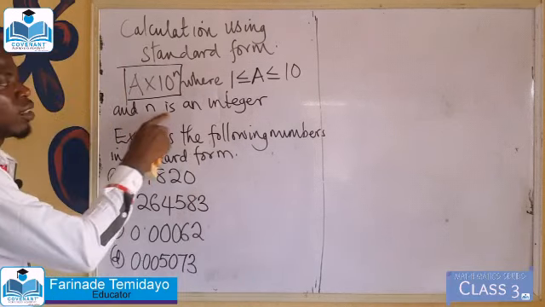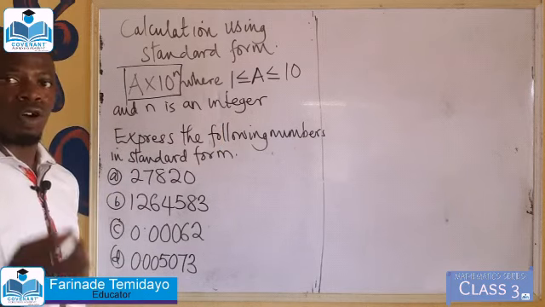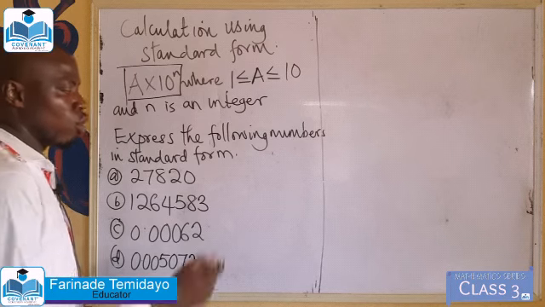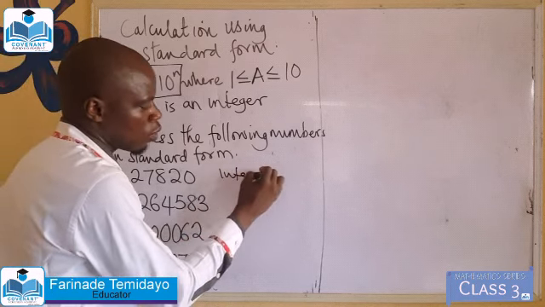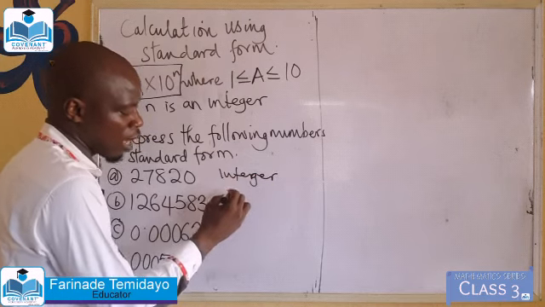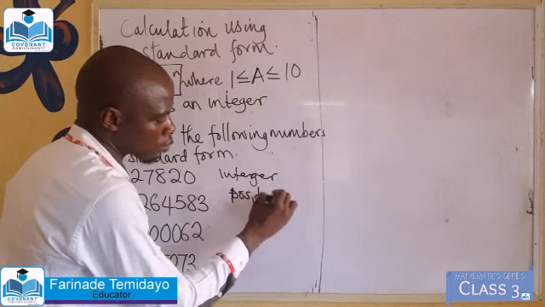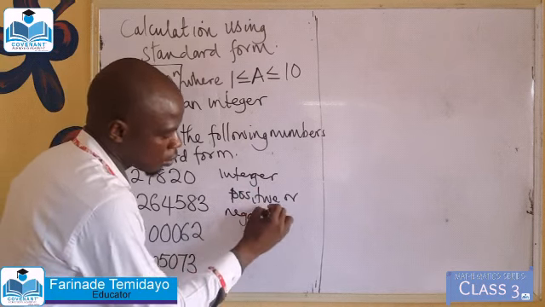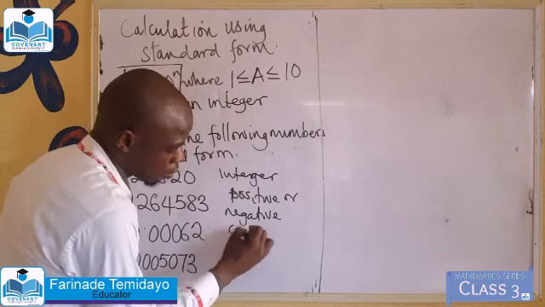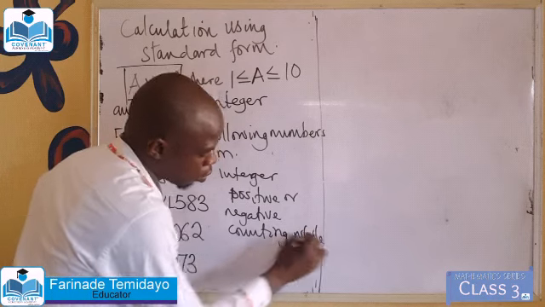And your n is an integer. What do you mean by integer? Integer can be positive or negative counting whole numbers.